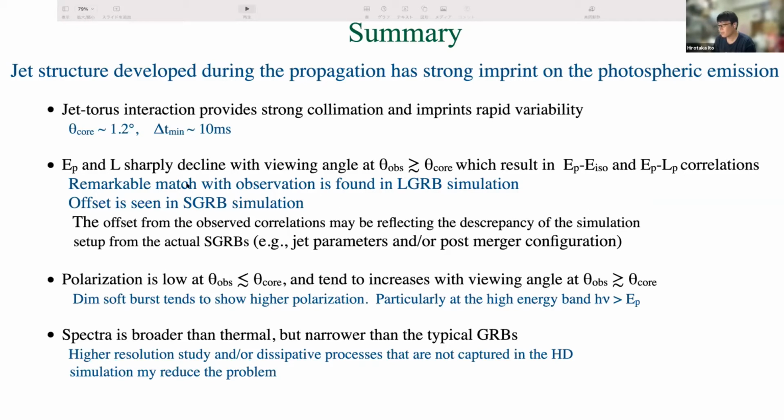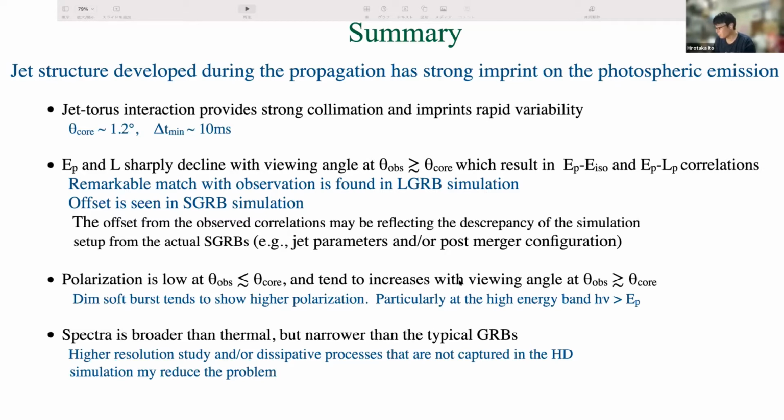We find a very good match in the case of the long GRB simulation with the observed Amati and Yonetoku correlations. On the other hand, we find an offset in the short GRB simulations. So we plan to test how such an offset can be reduced by changing the simulation setup in future studies.